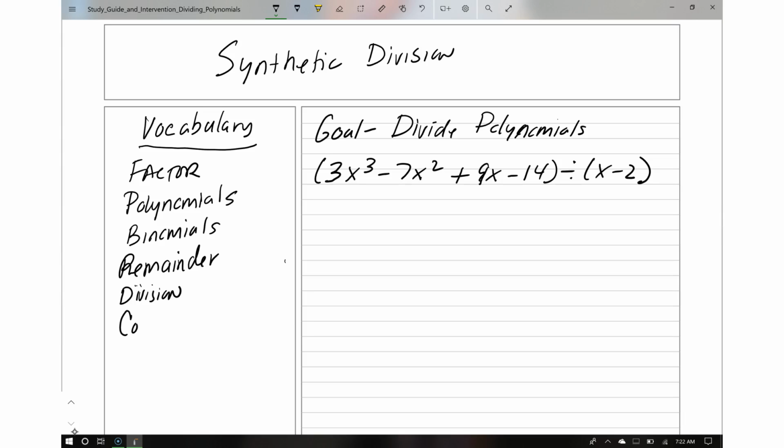Also, we have coefficients. And these are what we call the coefficients. These are coefficients. And this is a binomial, since there's two terms.